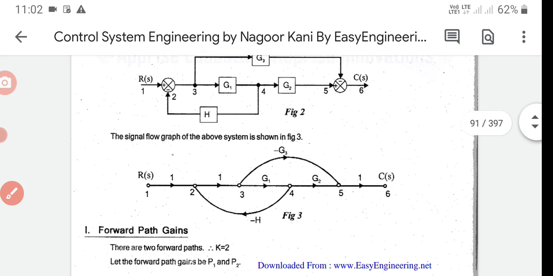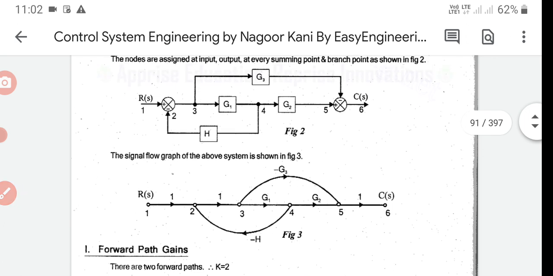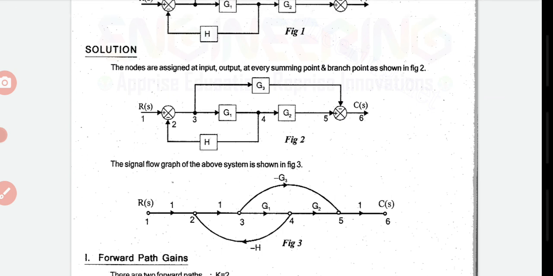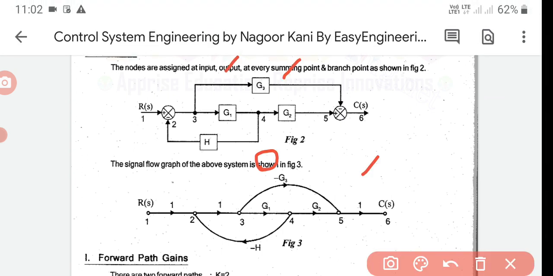Then see here, we have one more. From the branch point 3 we have the input to the summing point. What is the gain value? G3. For the summing point we have the negative sign, so you should represent the gain value as minus G3.